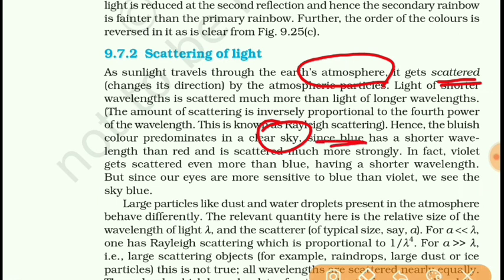The waves having shorter wavelength are scattered at large angles. Red color is scattered very little. And so the one which is scattered more, that is blue, is observed.